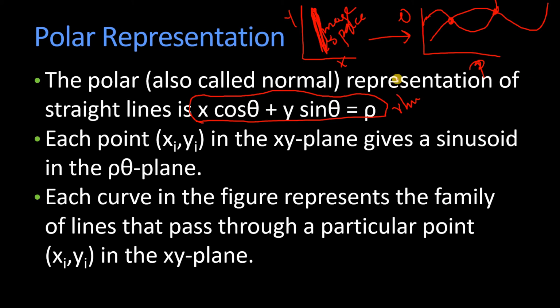So each point gives us a sinusoid in the rho theta plane, and each curve in the figure represents the family of lines that pass through a particular point in the xy plane.